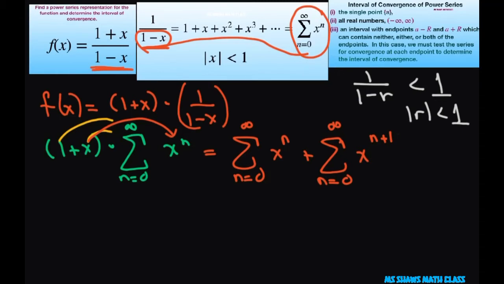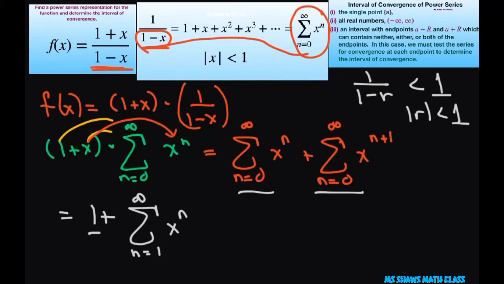So what I can do, to make these two the same, is rewrite this as equaling 1 plus, because we just have the 1 as our first term, the sum of n equals 1 to infinity of x to the power of n, plus the sum of n equals 1 to infinity of x times x to the power of n.